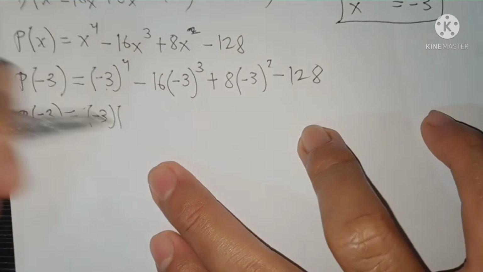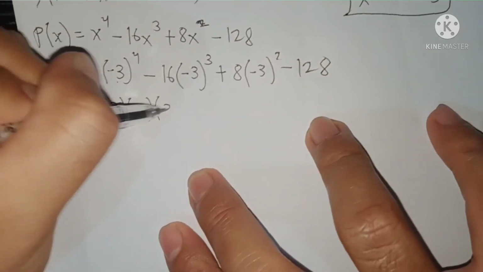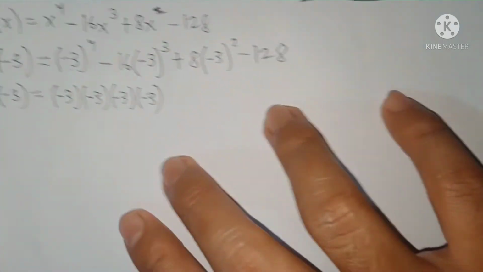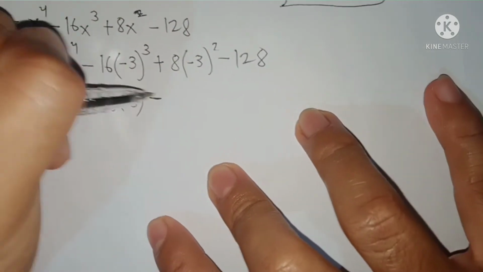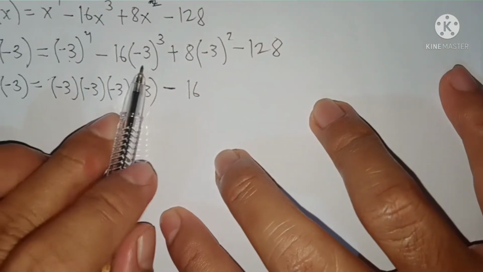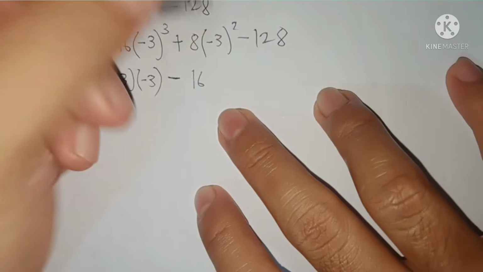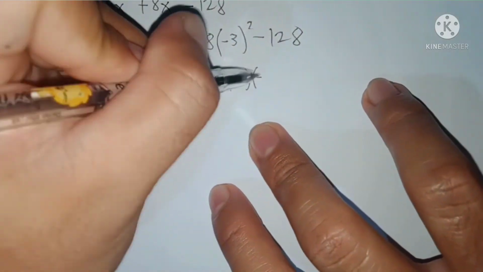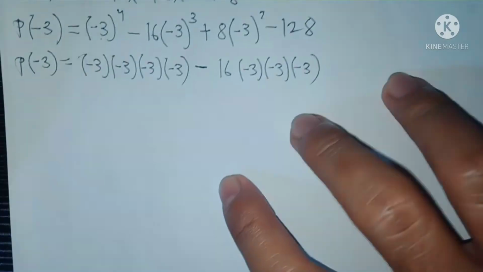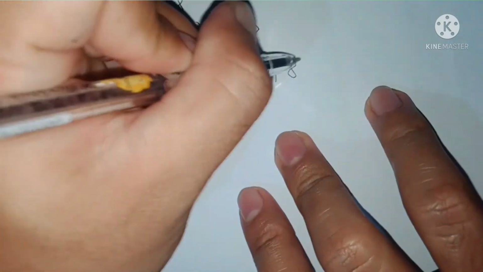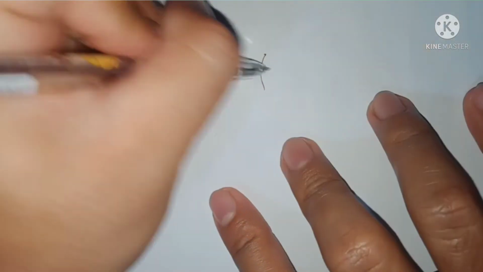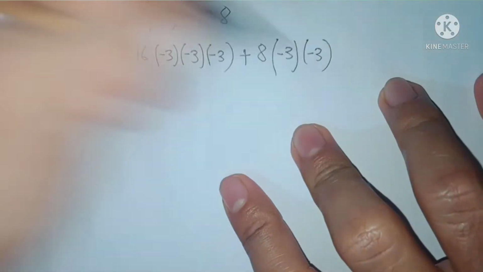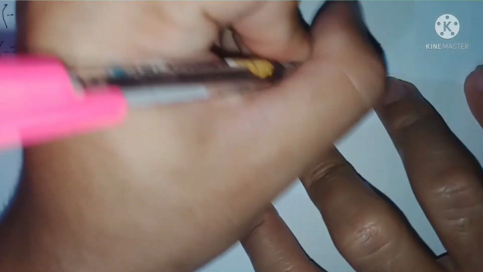Pwede natin isulat as negative 3 times negative 3 times negative 3 times negative 3. And then minus 16 times negative 3 raised to the 3rd power. Pwede natin isulat as negative 3 times negative 3 times negative 3. And then plus 8 times negative 3 squared ay pwede natin isulat as negative 3 times negative 3. And then minus 128.